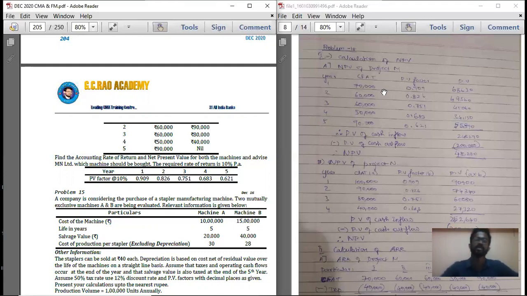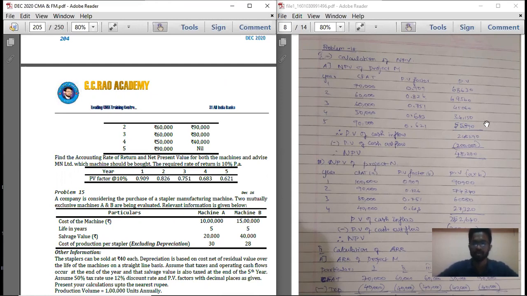Now below the present value column, underline it, record the total and underline it. So what is this 2,48,290? It is nothing but the present value of cash inflows. You are just converting the CFAT into present value of cash inflows. So in respect of the 2,48,290, record present value of cash inflow.